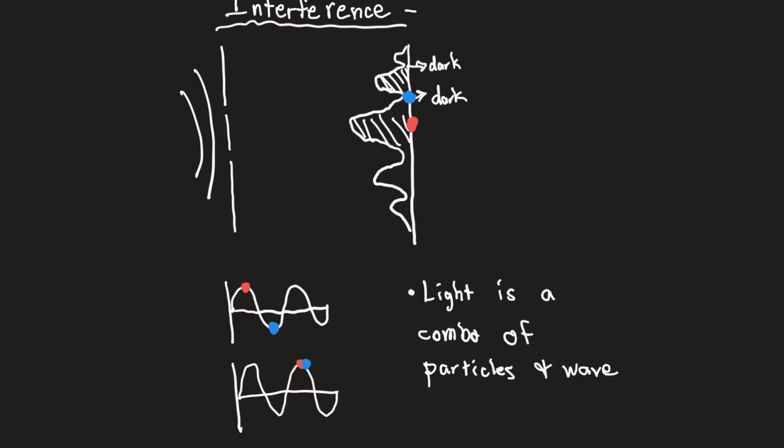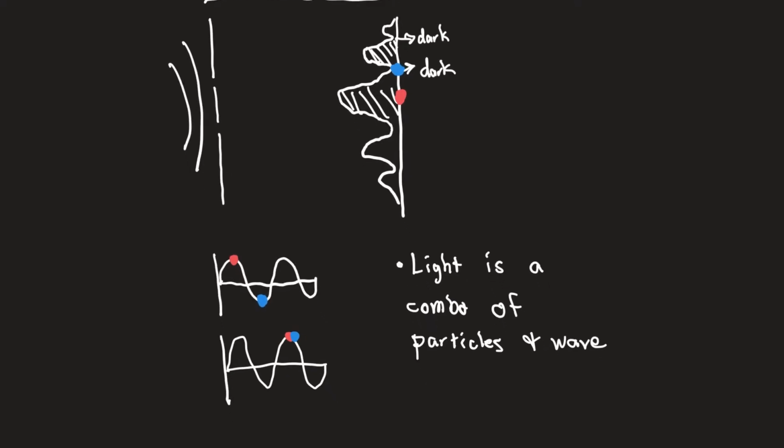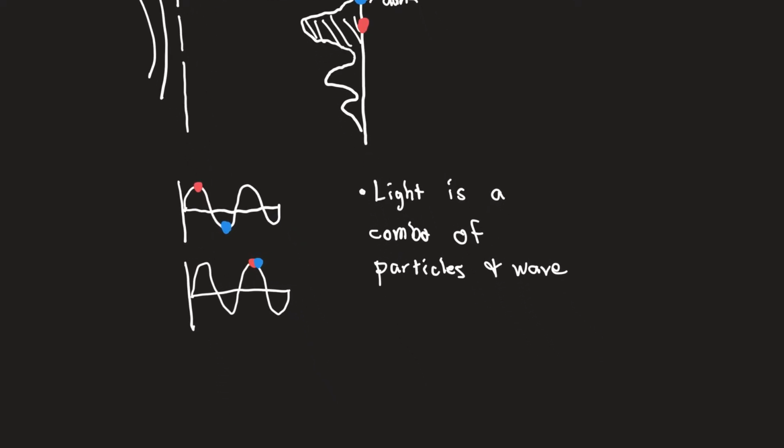And we can mathematically describe this with the interference equation. The interference equation tells us that m times lambda equals d times sine of theta, where m is equal to 0, plus or minus 1, plus or minus 2, and so on.